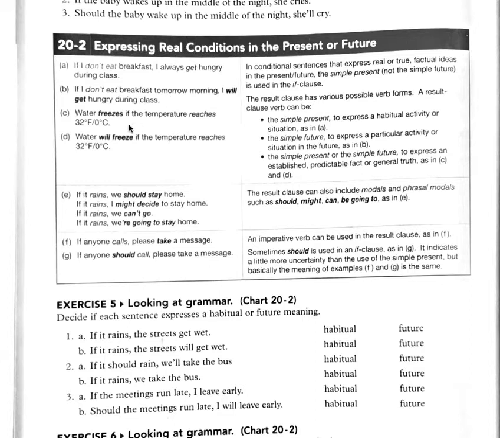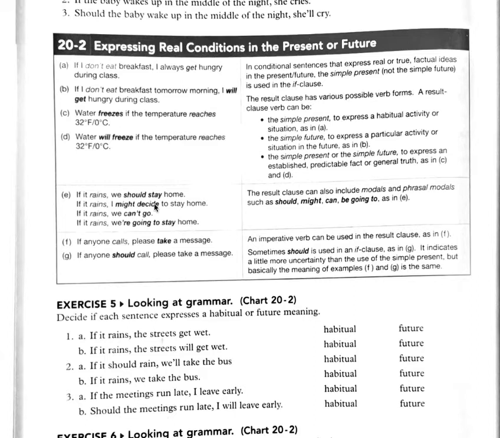And then for C and D, the simple present or the simple future in the result clause to express an established predictable fact or general truth. Okay? So here, freezes, simple present, or will freeze. Okay? You can also say if the temperature reaches 32 degrees Fahrenheit, water will freeze. If the temperature reaches 32 degrees Fahrenheit, water freezes. Okay?